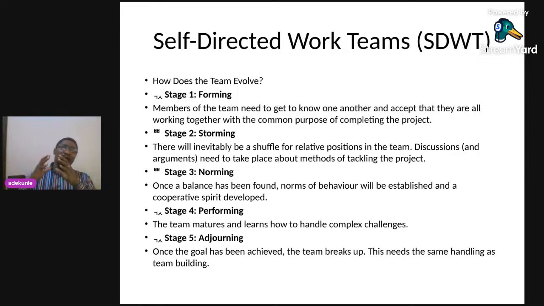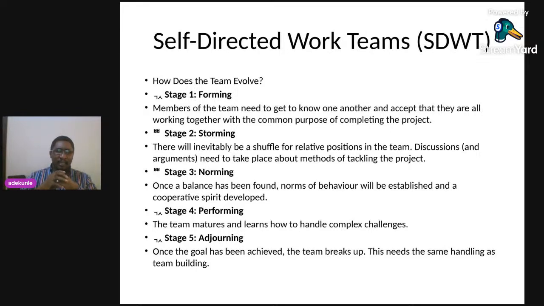Now, these characters put together will start from stage one, the forming, where members of the team get to know each other and accept that they are working together despite their diversity, despite their different beliefs. We have the second stage, which is the storming.